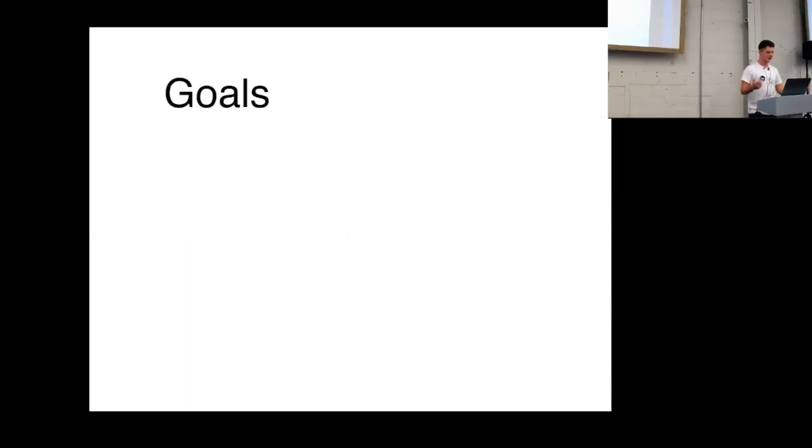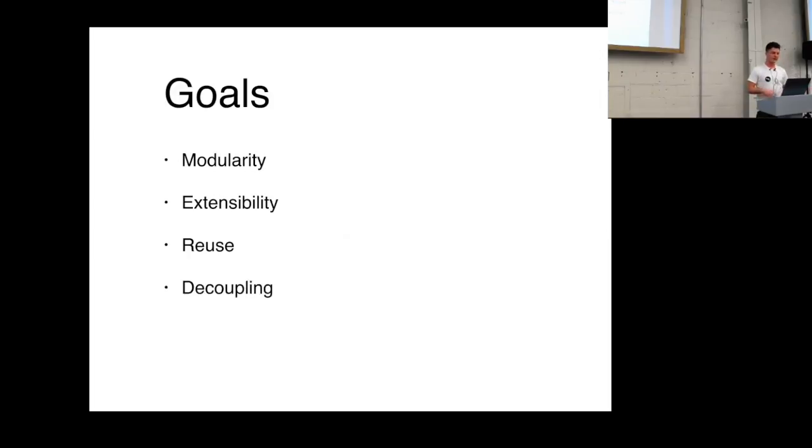Those are most of the goals of inversion of control. We want modular components, things that I can mix and match. You want extensibility, so something should be very easy to extend. Reuse, so extensibility and reuse play into each other, and decoupling.